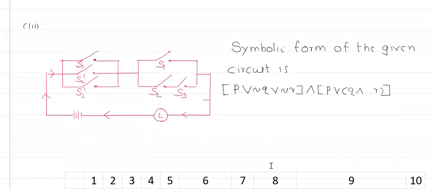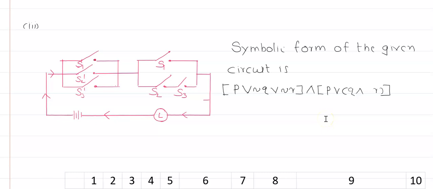Next is the third one. The symbolic form of the given circuit is S1, S2 dash, S3 dash. They are in parallel. Again they are in series with S1 and S2 and S3. That is P or negation of Q or negation of R, and P or in bracket Q and R. Now we'll perform this truth table.